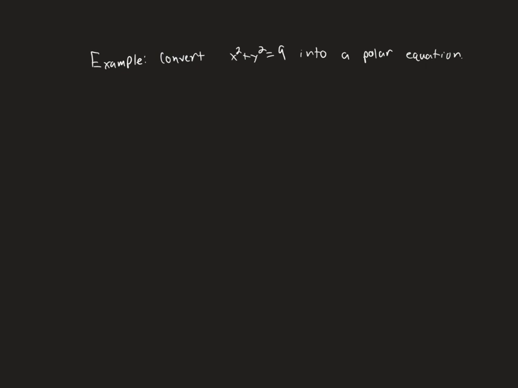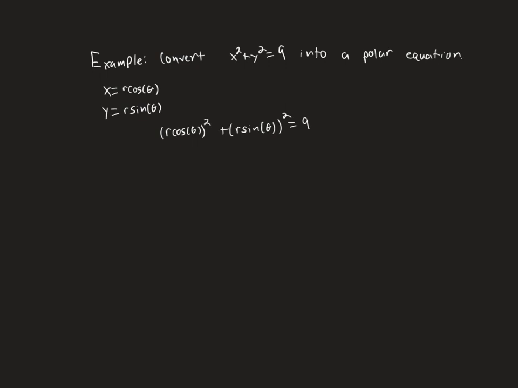So again, recall that x equals r cosine theta, just coming from our x-y-r definition, and y equals r sine of theta. Let's substitute those into our equation, and we get (r cosine of theta) squared plus (r sine of theta) squared equals 9.